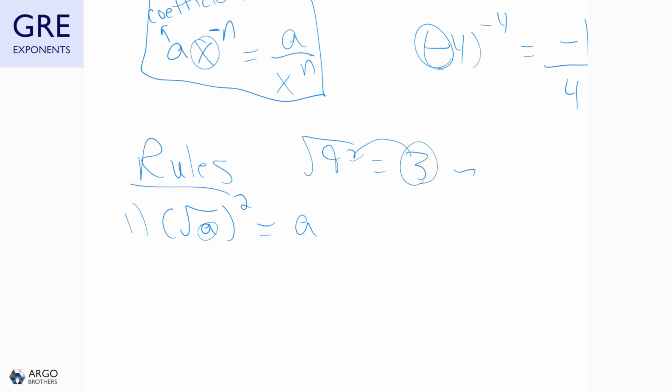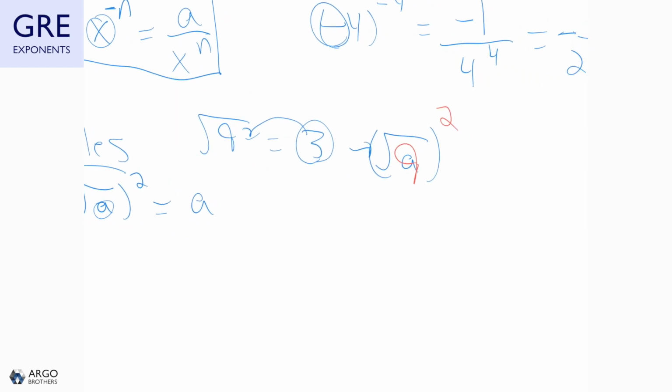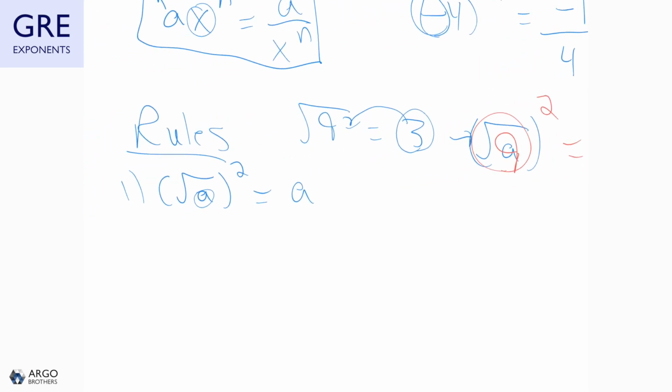But what we're doing here is taking the square root of 9, or I'll write 9 here, and then we're squaring it, okay? So then what does that mean? That means that the square root of 9 is 3, and if we square it, that'll just give us back 9. So we can write this rule that the square root of a, squared, equals a.